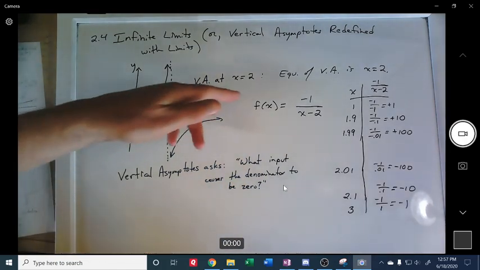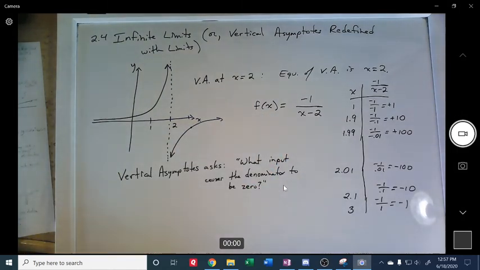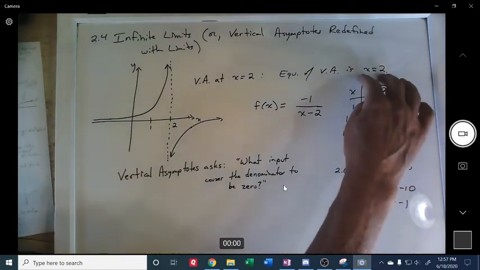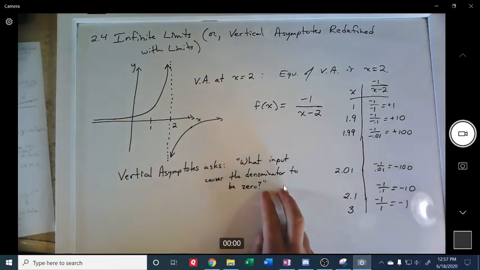And if you asked this question of this function right up here, you'd say, well, the input of 2. In fact, if you stated it more precisely, you said, when x is equal to 2, then you have the equation of the vertical asymptote. So when you answer this with an equation, x equals 2, you get the equation of the vertical asymptote.